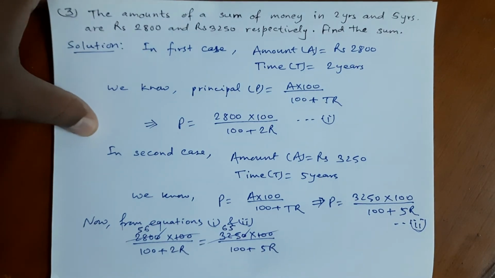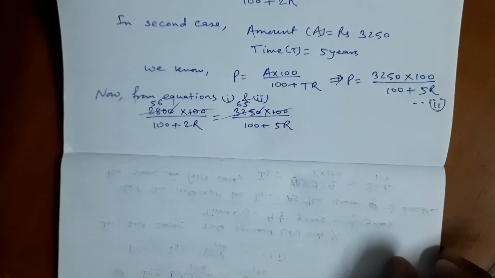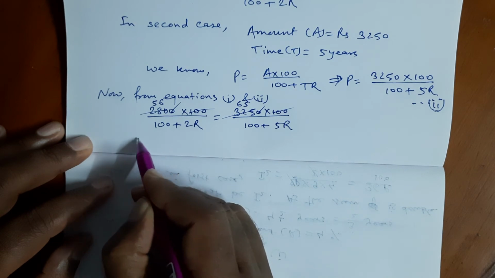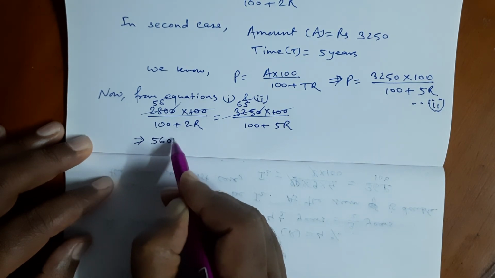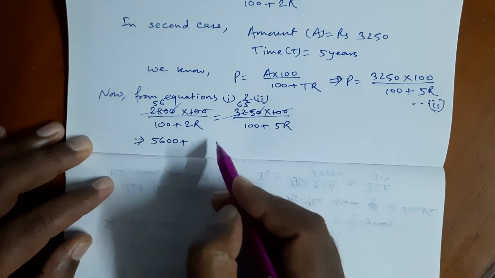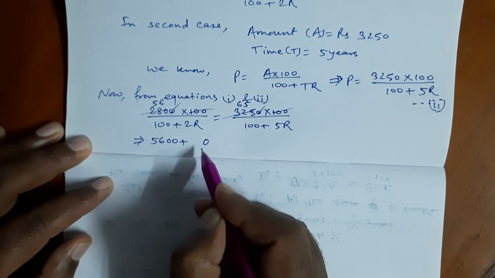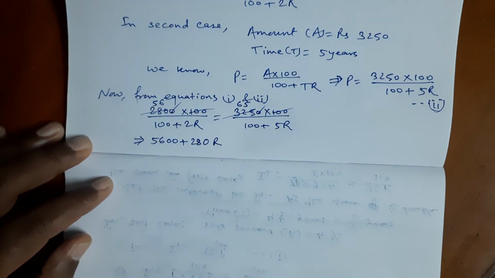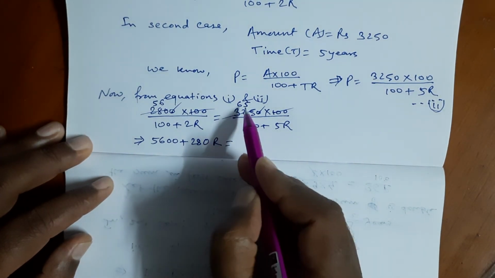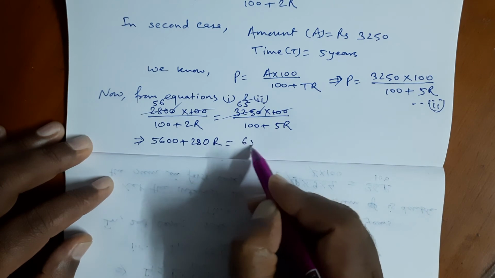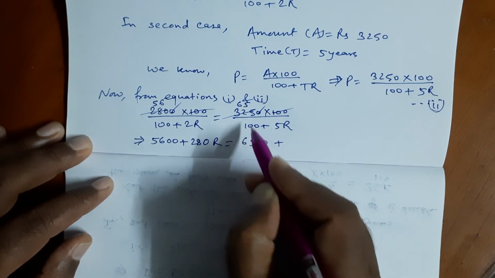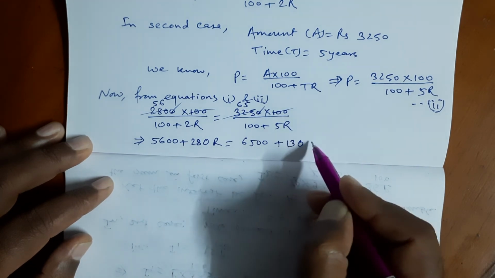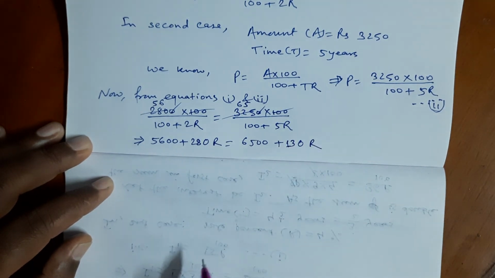Now cross multiplication, 56 multiplies here. That will be 5600 plus 56 times 5, 280R, and this equals 65 times 100, 6500, plus 65 times 2, 130R.